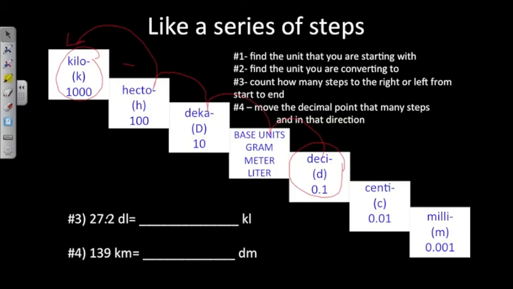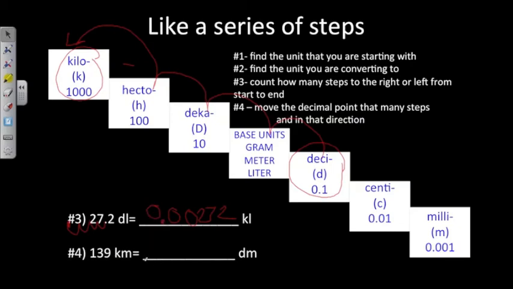Come down here, take it 4 steps to the left, 1, 2, 3, 4. That's my new decimal place. So I've got 0 point, I'm adding 2 zeros, 27, 2 kiloliters. Let's pick a different color here for this last one.